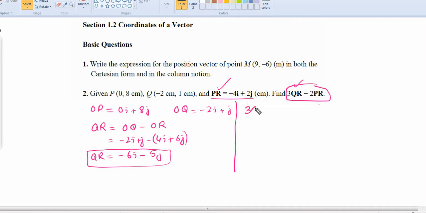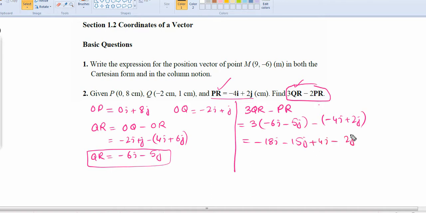So it's 3QR minus 2PR. So it's like 3 times negative 6i minus 5j, minus 2PR, which is negative 4i plus 2j. So it'll become negative 18i negative 15j plus 8i negative 4j.